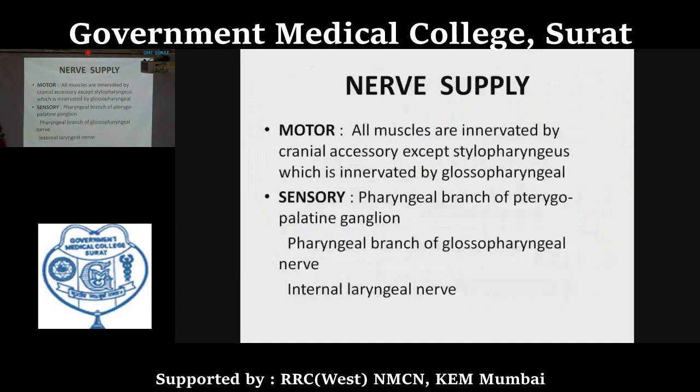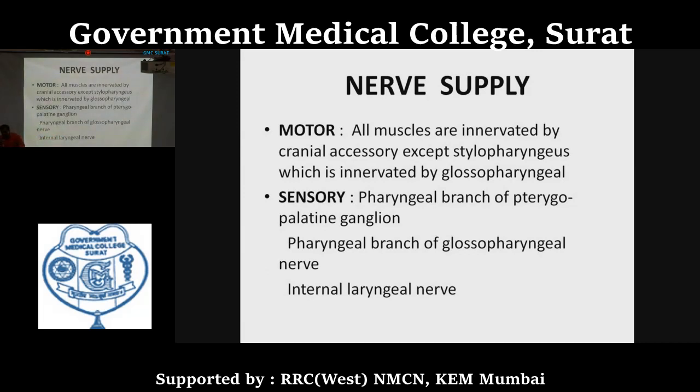Now, let's proceed to the nerve supply. The motor nerve supply to the pharynx: remember, all the muscles of the pharynx are innervated by the cranial part of the accessory nerve.